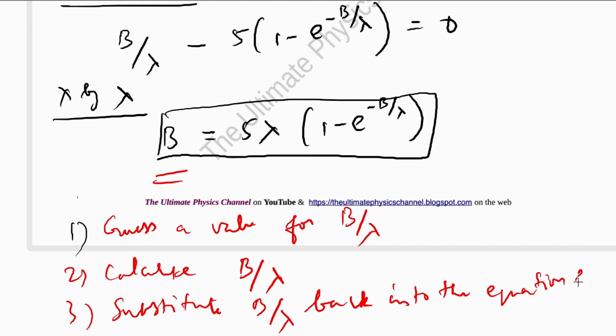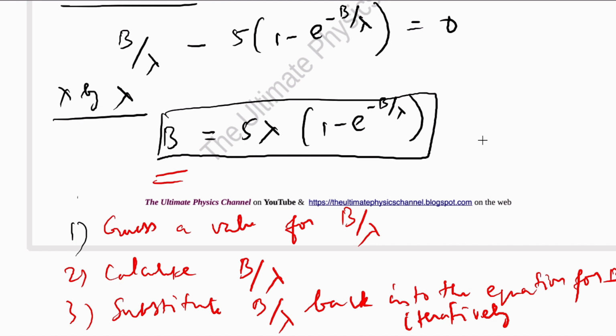If you do that iteratively, it means you have to do it a repeated number of times to arrive at a nearly identical value. And if you get nearly identical values for b over lambda, that means you have arrived at the solution, right? So we can do that here.